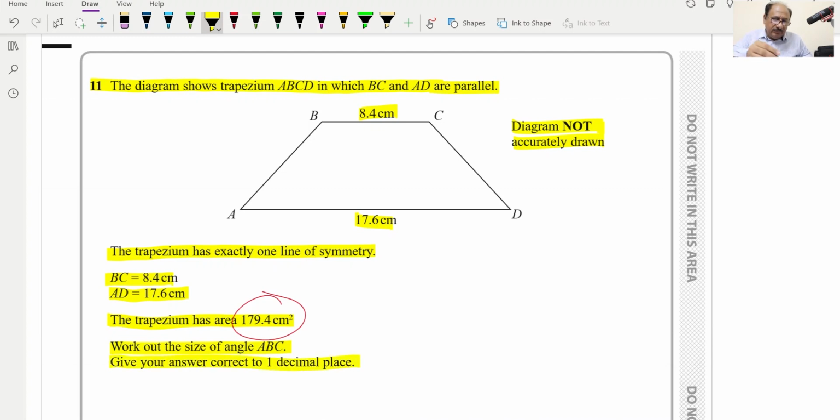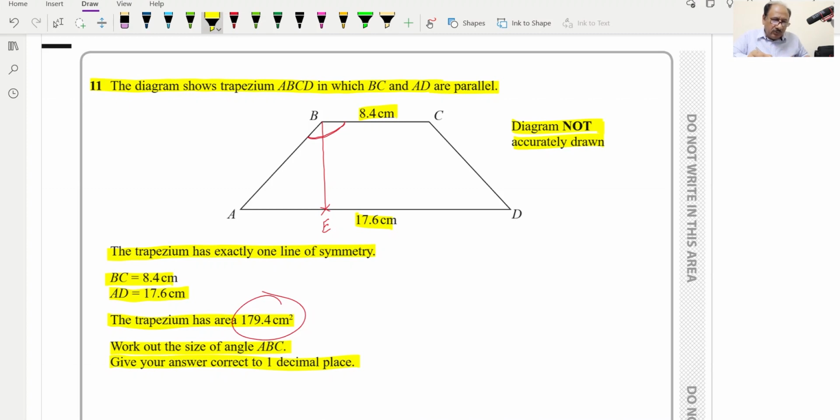Size of angle ABC, which angle is required? Basically this angle is required. So what we can do, because area of trapezium we can use by opposite parallel sides, and we require the perpendicular height also. So we need this height. If we take this point as E, so we require BE basically, which is the perpendicular height.